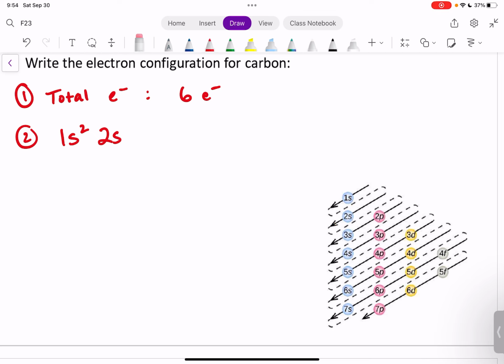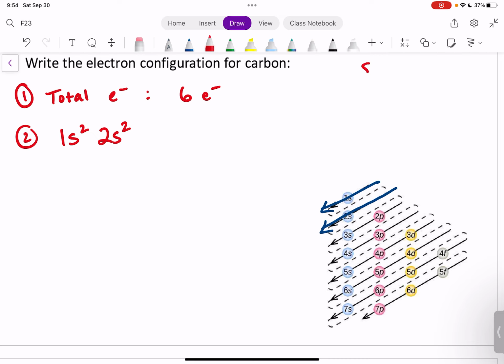Let me see, maybe I'll go blue over here. So we filled our 1s, and now we're filling our 2s. So I kind of gave it away, but we're going to fill our 2s. Why do we fill our 2s? We've got enough electrons, right? So how many electrons can the s subshell hold? Yeah, 2, always.